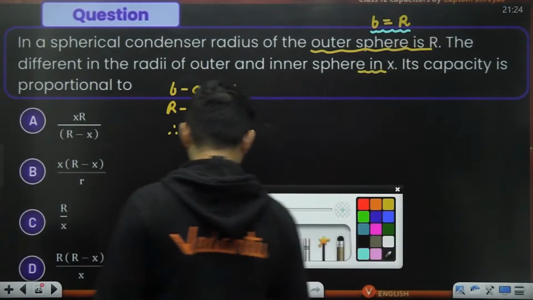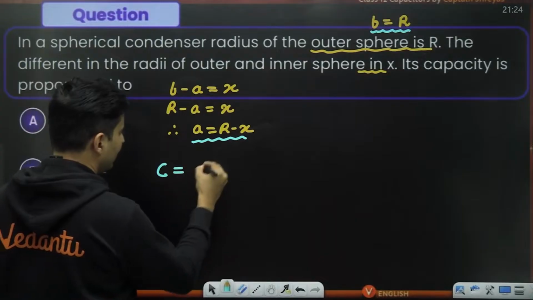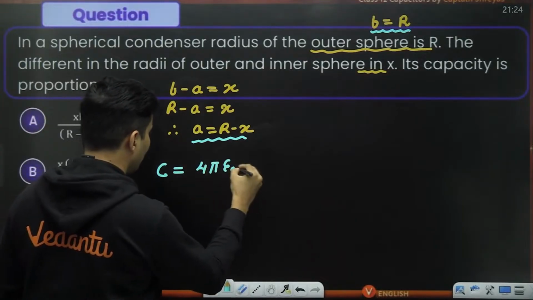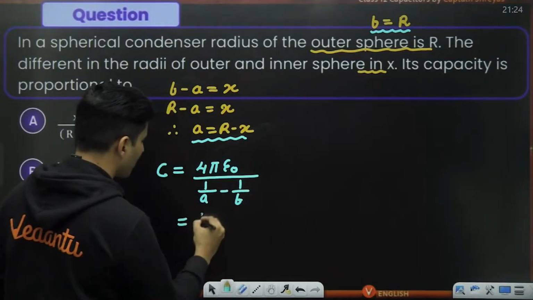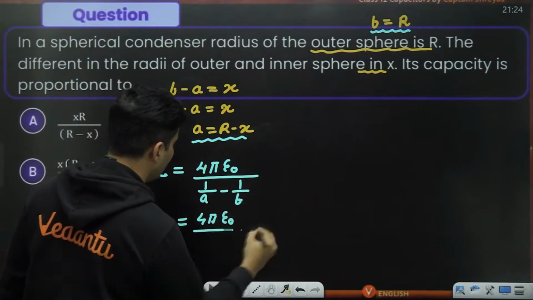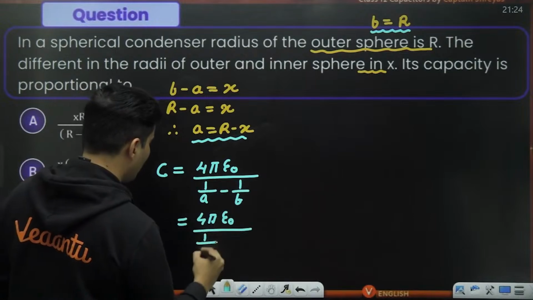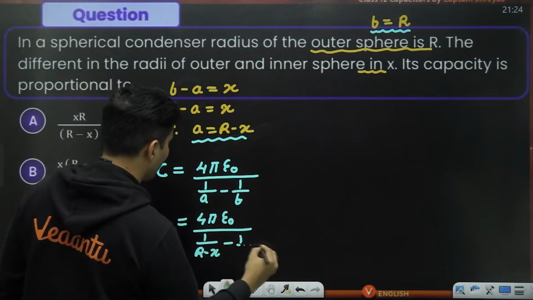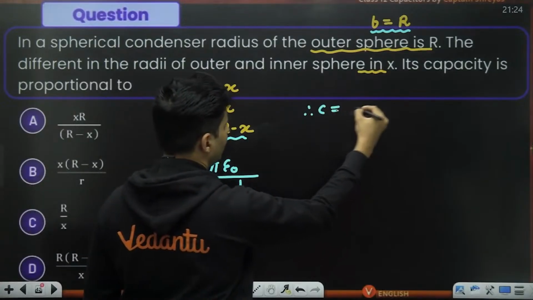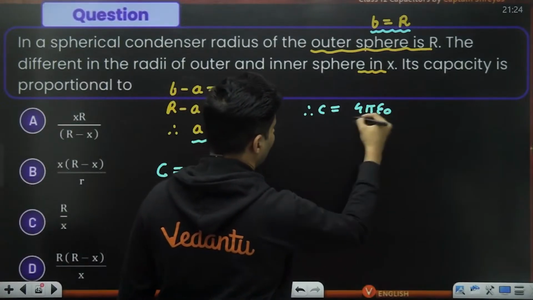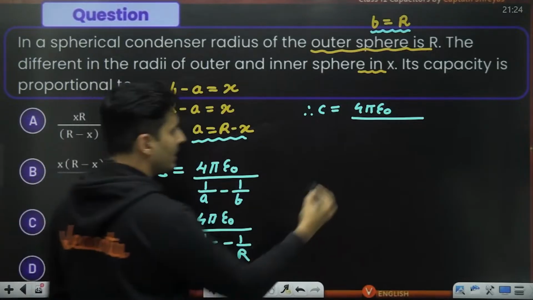So now we can find out the capacitance. Capacitance is 4 pi epsilon naught 1 by A minus 1 by B. So 4 pi epsilon naught 1 by A means 1 by R minus X, minus 1 by B. B is nothing but R. So therefore, capacitance will be 4 pi epsilon naught. Here take the LCM.